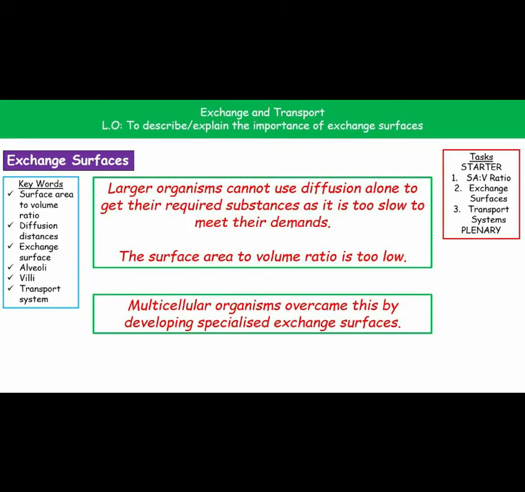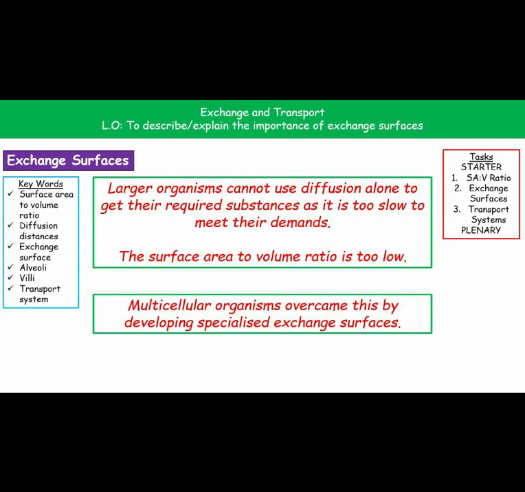So the answer to our first question is that our larger organisms can't use diffusion alone to get all those substances they need, because diffusion will be far too slow to actually meet their demands. The reason that diffusion is too slow is because the surface area to volume ratio is too low.